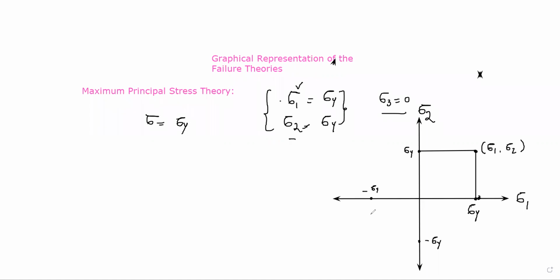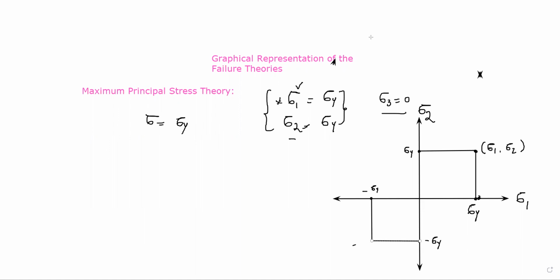That is, in compression as well, the value of the compressive principal stresses should not exceed the value of the yield stress during the compression. Okay, if we enclose this region, it will be like this. The enclosed region will again be a square region.